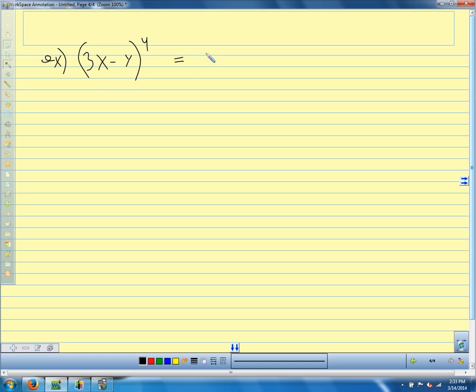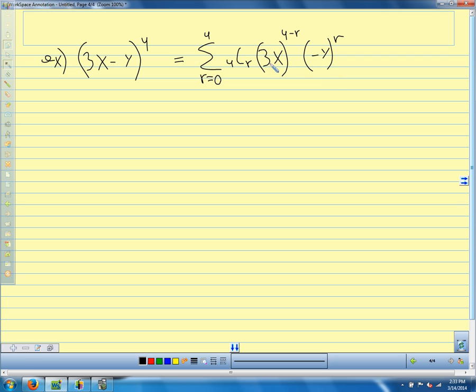So this would be the sum, r equals 0 to 4, of 4 choose r, just like before, (3x) to the 4 minus r, times (negative y) to the r. And I would let r go from 0 to 4 and write out each term for this expansion.